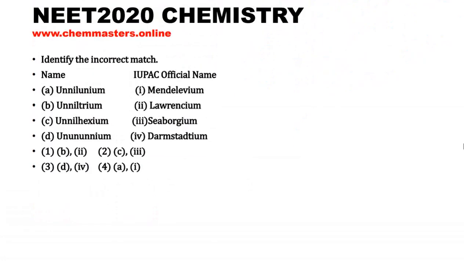Next question, identify the incorrect match. Already we have explained how to give the systematic name for the elements which have atomic numbers more than 100 in a recent video. You can watch it. So first one, here we have unnilunium. Un means 1, nil means 0, and un means 1.